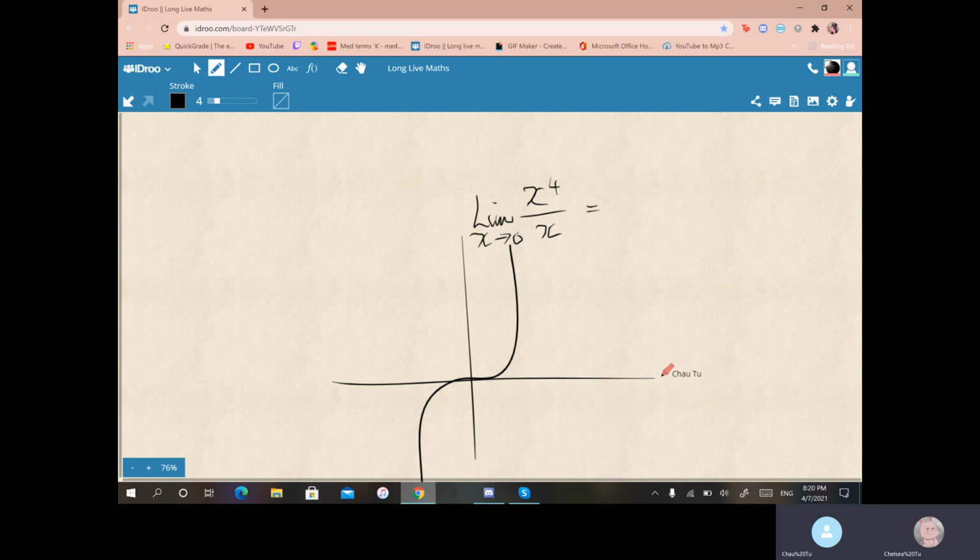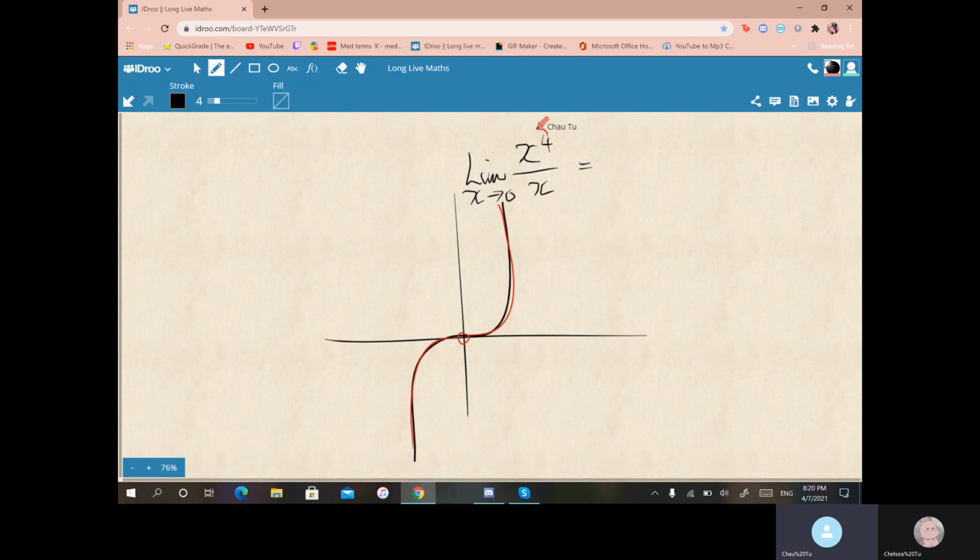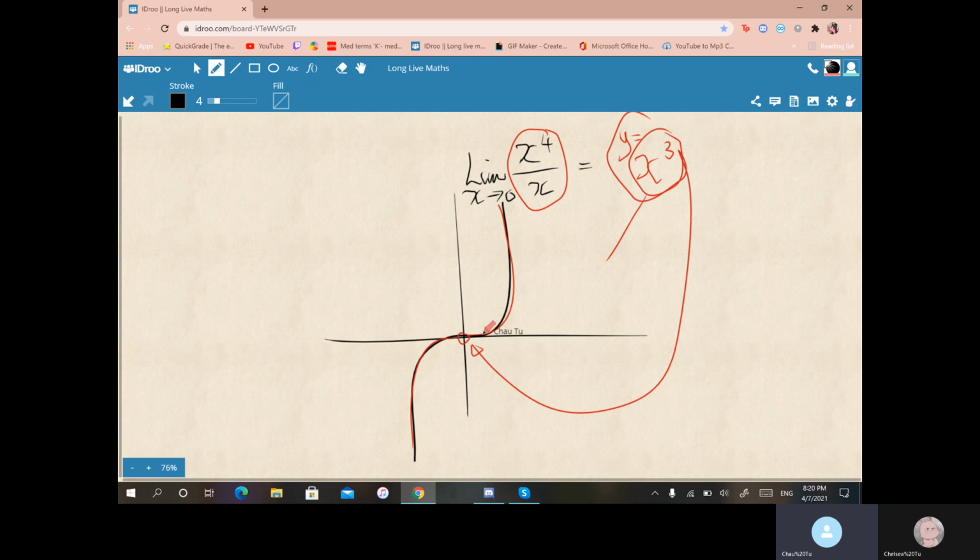Dead on 0 breaks down, Chelsea. Oh shoot! I forgot the circle. Yeah, so it should look like this. Can you see that? It's like a cubic. So you can simplify this to being like a cubic. But just bear in mind that it's not exactly the same, because dead on 0 it breaks down, so there's a hole there.